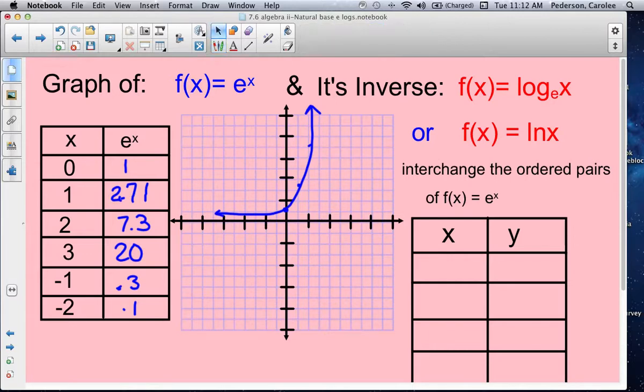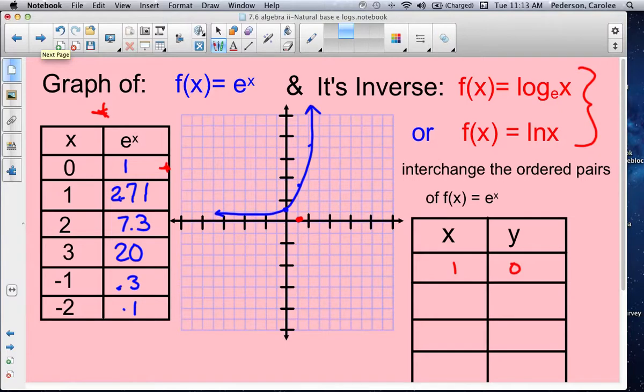If we were to graph its inverse, the notation can be written both ways. When you graph its inverse, you flip-flop these ordered pairs right here. So the first ordered pair would be, instead of 0, 1, it would be 1, 0. So right here.